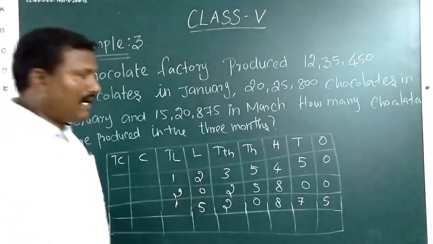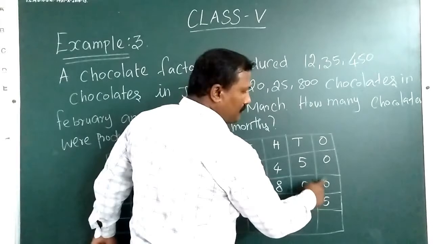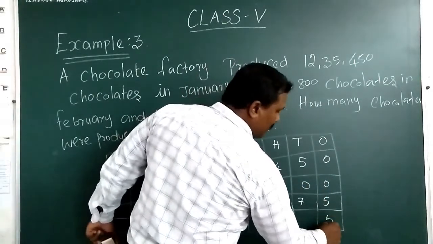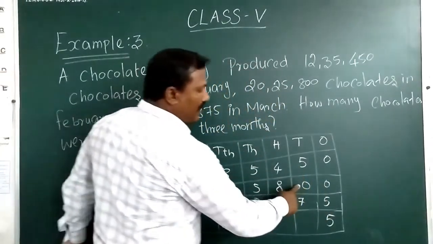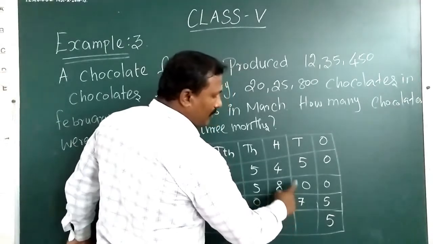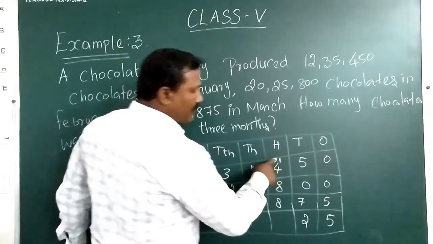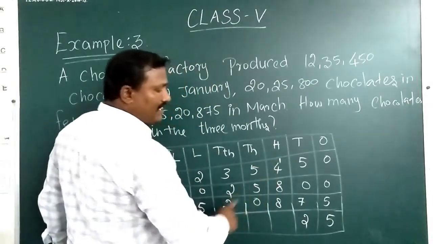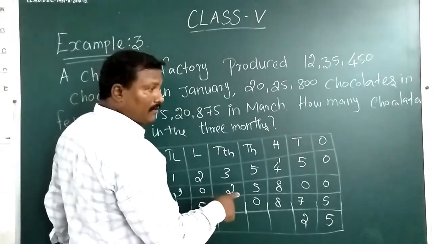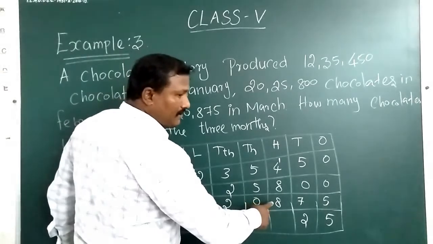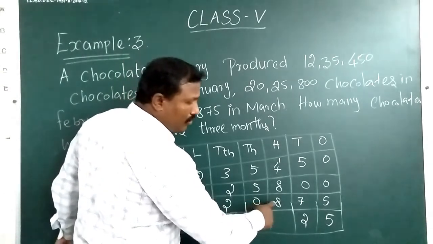Now I am going to add. 0 plus 0 is 0, 0 plus 5 is 5, 5 plus 0 is 5, 5 plus 7 is 12, so 2, remainder 1. 4 plus 1 is 5, 5 plus 8 is 13, 13 plus 8 is 21.